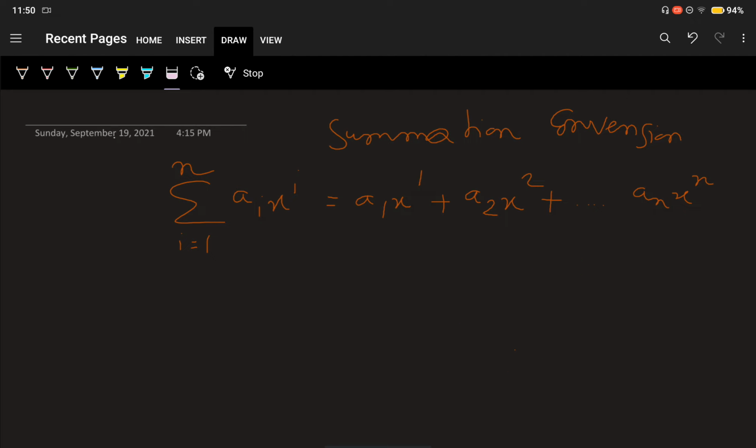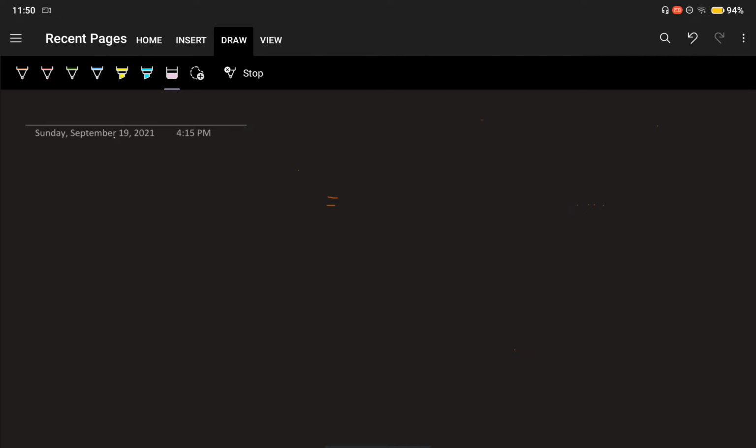Now the Kronecker delta function, or Kronecker symbol. The Kronecker delta function, or Kronecker symbol, or Kronecker delta, is a second order tensor.